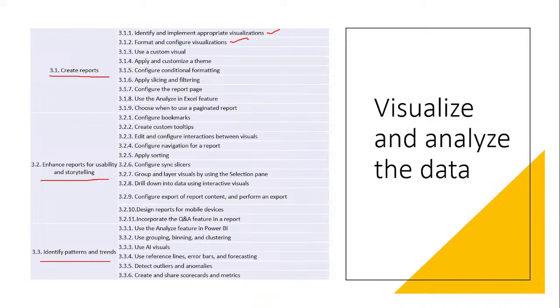Then use a custom visual, meaning visualizations that can be added in Power BI from different sources. Then apply and customize the themes. You all understand what a theme is, but what is the role of a theme in Power BI?